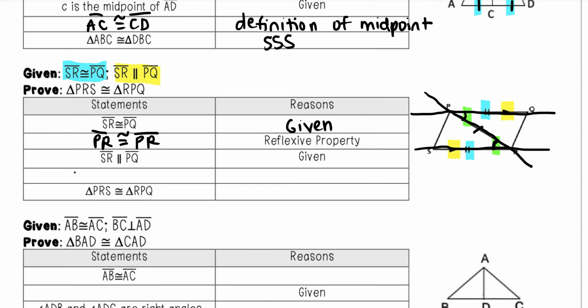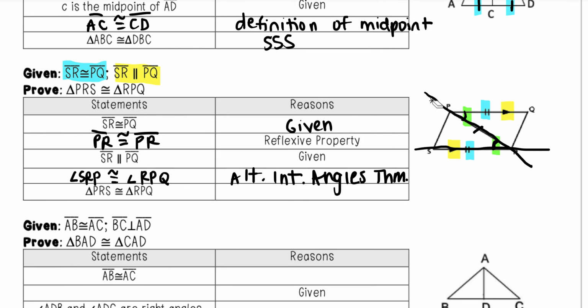So that means that those two angles have to be congruent. Angle SRP would be congruent to angle RPQ. This is true because these are alternate interior angles. So the alternate interior angles theorem tells us that those two must be congruent because their lines were parallel.